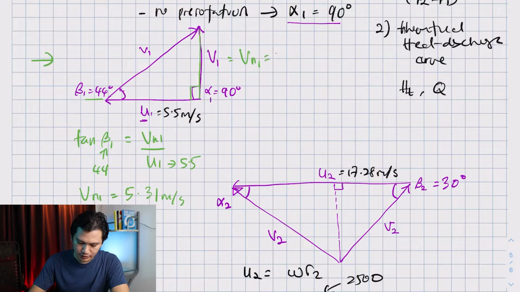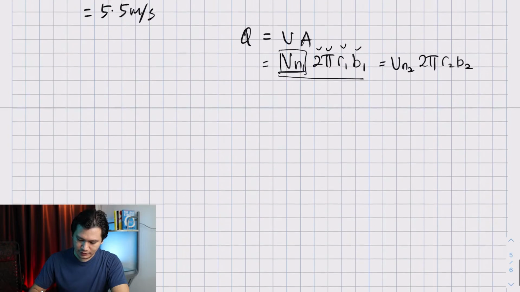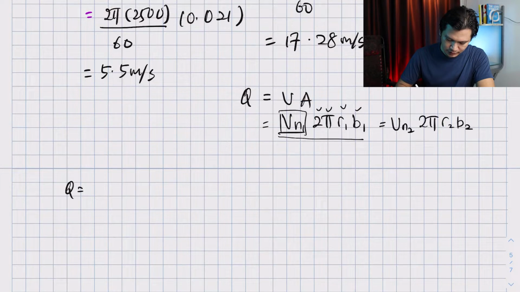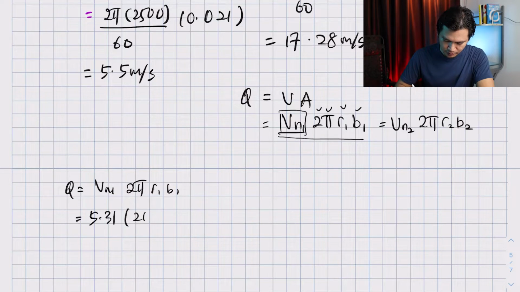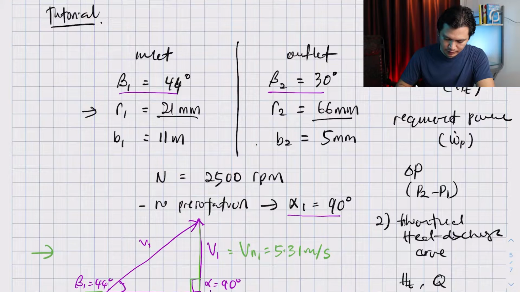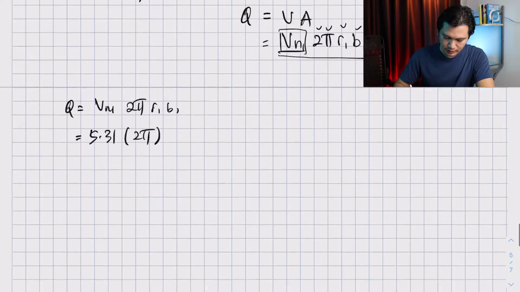Let me write it here: this is 5.31 meter per second. Once you know this, let's plug it in here. Q is Vn1 times 2 pi R1 B1. So this is 5.31 meter per second times 2 pi, the radius at 1 is 21 millimeter and B1 is 11 millimeter.